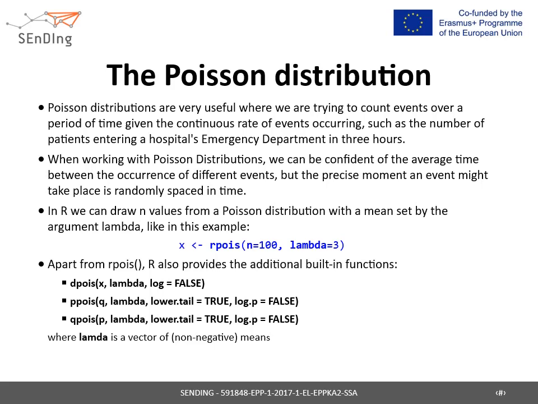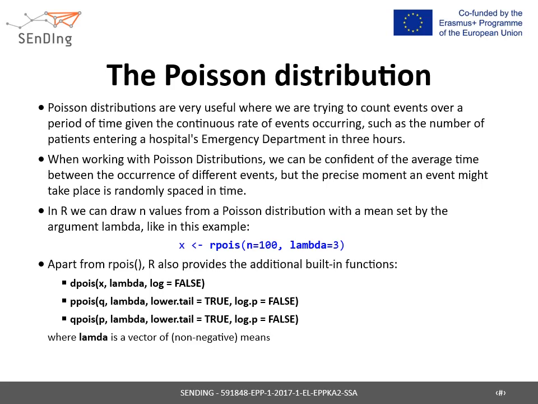Another case these distributions are frequently used is by insurance companies to conduct risk analysis, for example, to predict the number of car crash accidents within a predefined time span and decide car insurance pricing. When working with Poisson distributions, we can be confident of the average time between the occurrence of different events, but the precise moment an event might take place is randomly spaced in time.